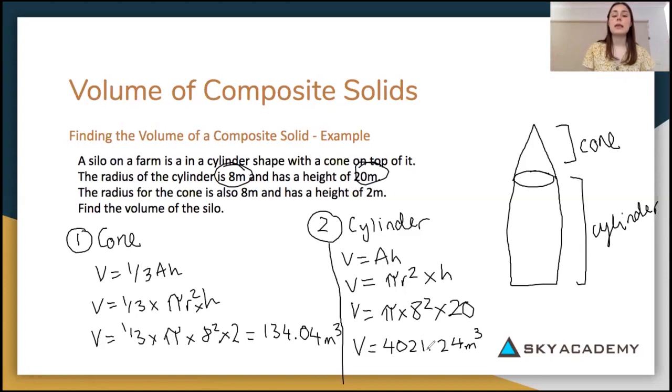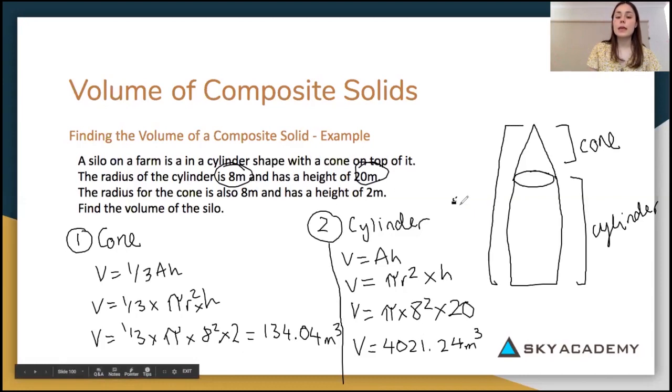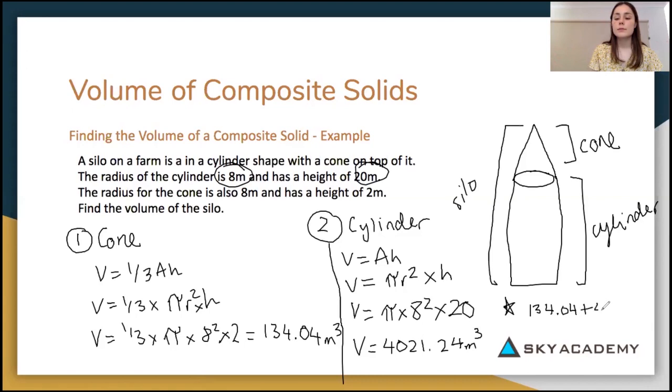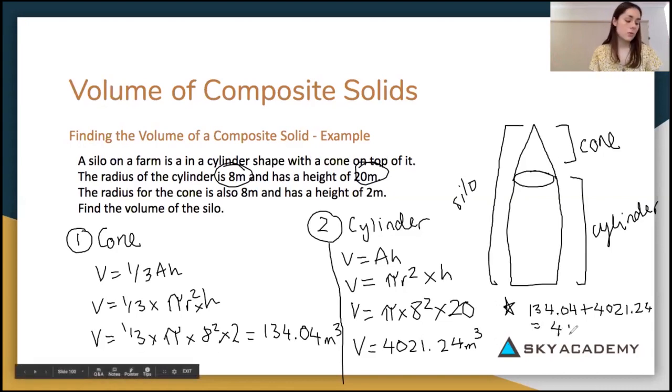Now we've got the volume for the cone individually and the volume for the cylinder individually, but we want the entire volume of the whole silo. So we need to add the cone and the cylinder together. Then it will be 134.04 plus 4021.24, and that's going to leave us with a total of 4,155.3 meters cubed.